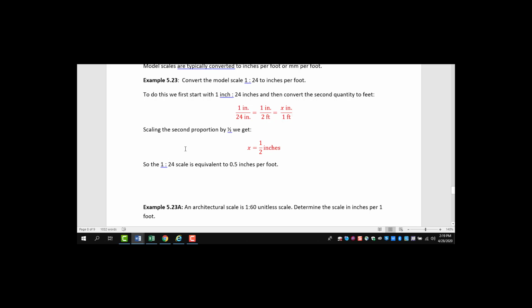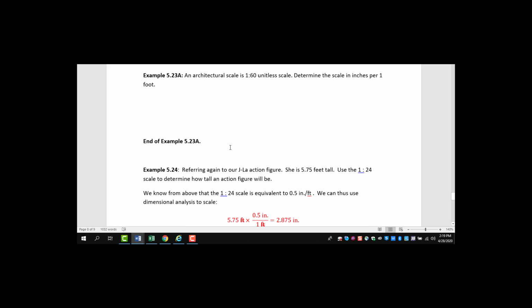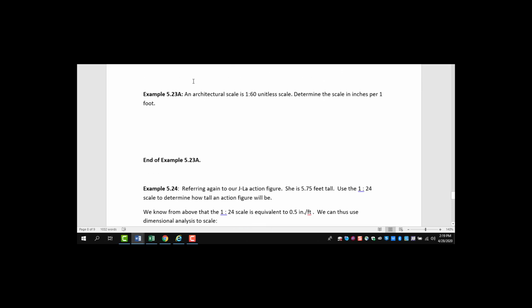Sometimes you need to go back and forth between these scales. So it says here, an architectural scale is 1 to 60 unitless scale. Determine the scale in inches per 1 foot. So you get that in your mind, all right?